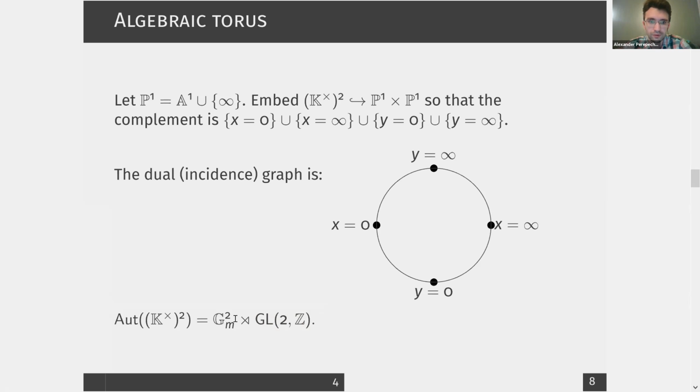So the torus itself doesn't act on the dual graph. It doesn't change it, so it acts trivially. But GL2(Z) somehow transforms the dual graph. We obtain something else. And the question is, what is the action?